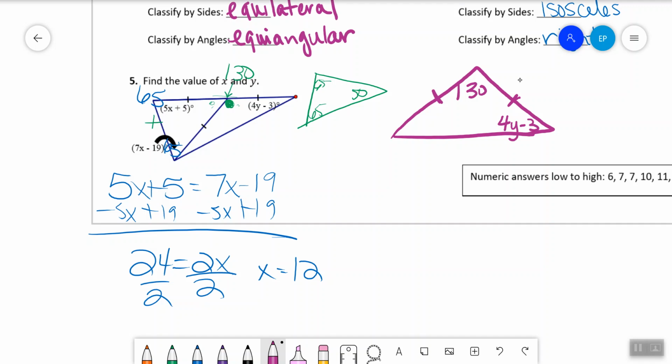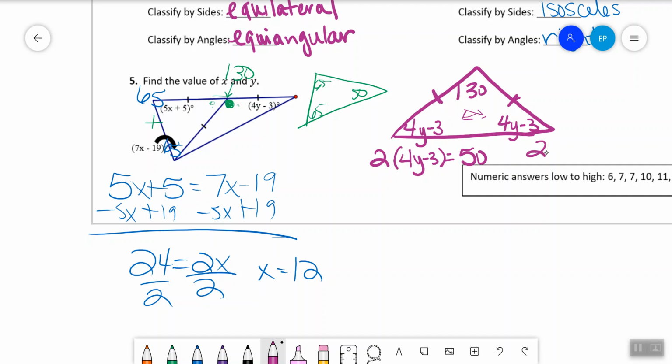So that leaves you with 50 degrees because these two angles that are the same, 4y minus 3, must add up to equal 50. So you can do 2 times 4y minus 3 equals 50.